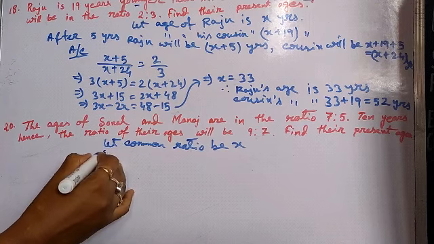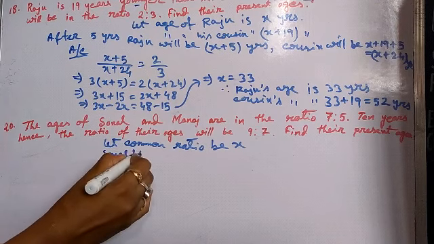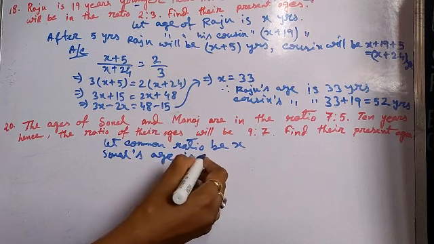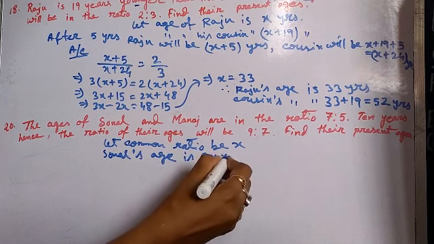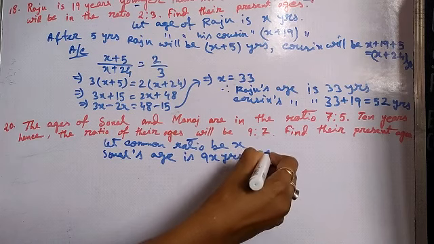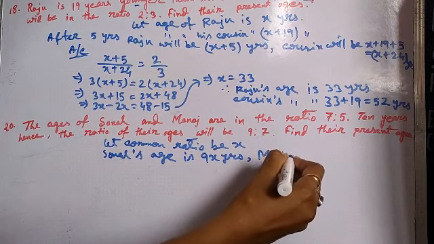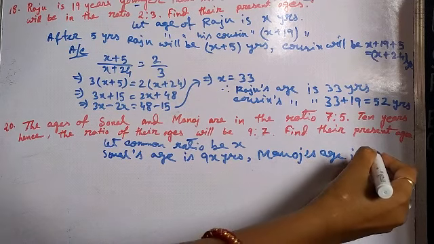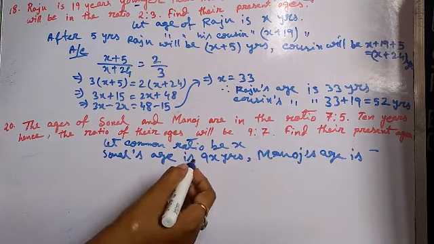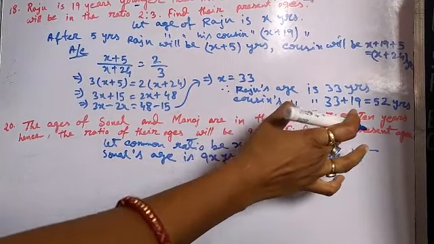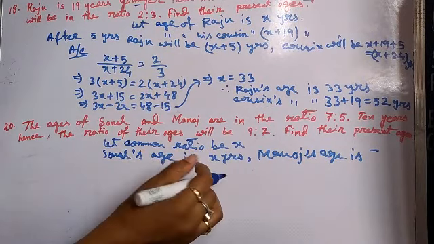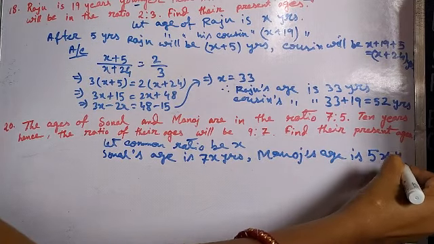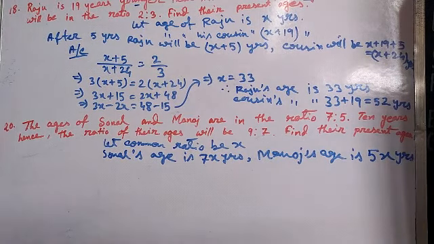So Sonal's age is 9x years and Manoj's age is, sorry, this is 7:5 given, that means this will be 7x and this will be 5x years.